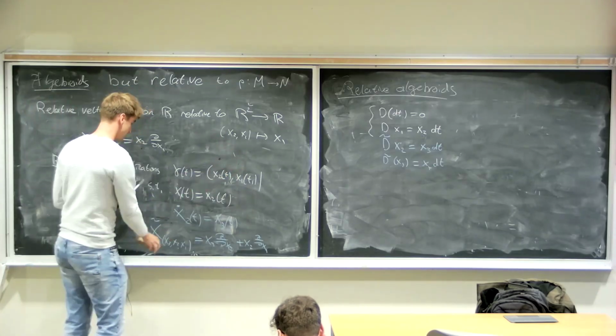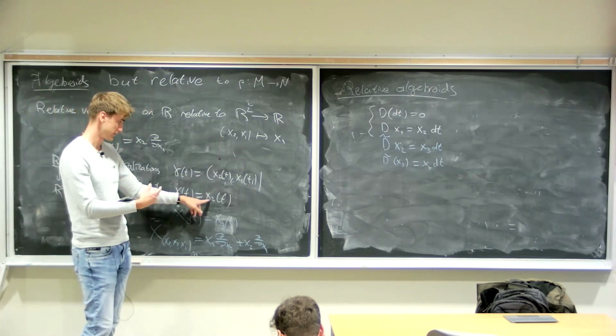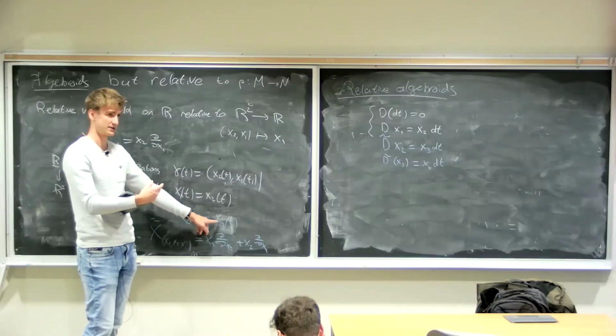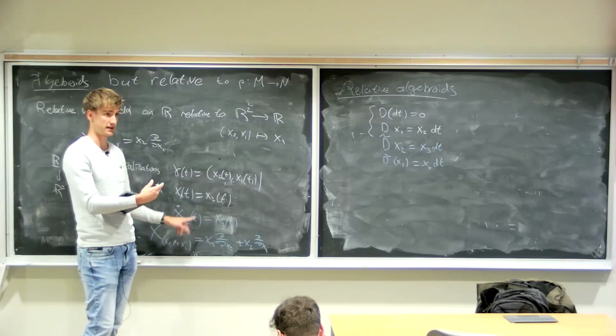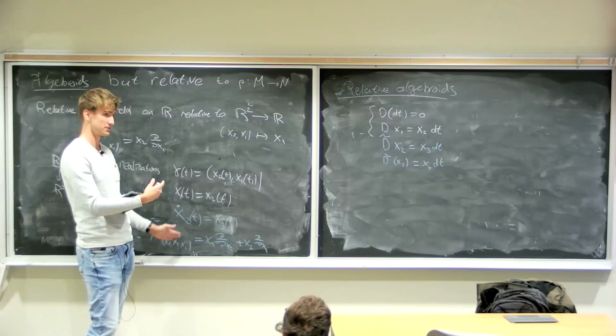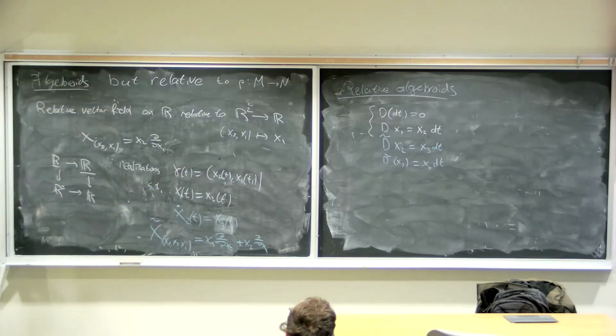How many do we need? We might try to specify x2 dot, the derivative of x2. But if we do so, we get an extra variable, so we can try to specify that derivative as well. So it's trying to complete a set of initial conditions. That could be a third reason to introduce prolongations.